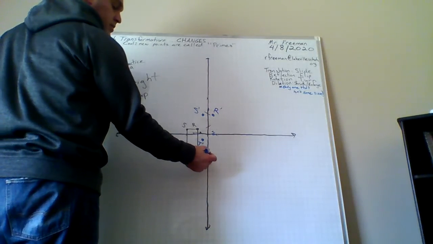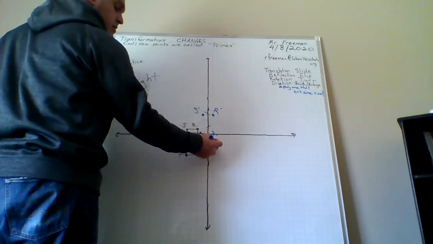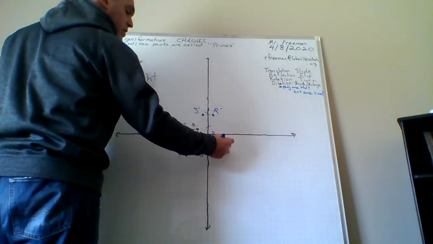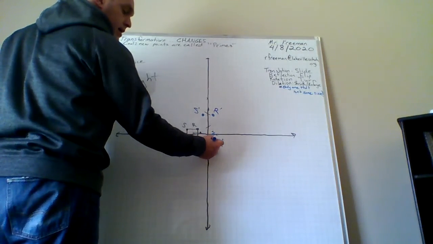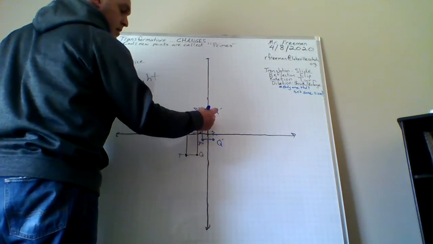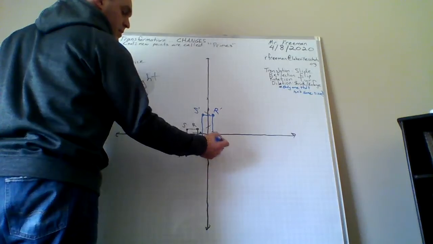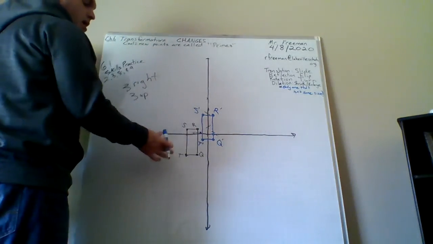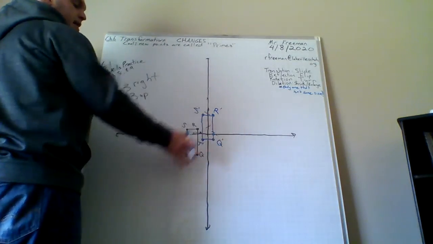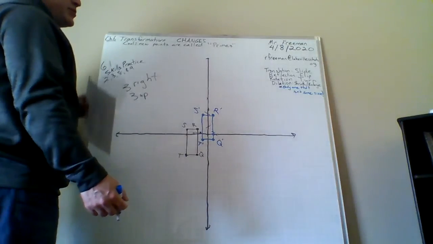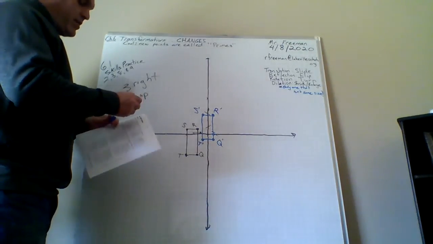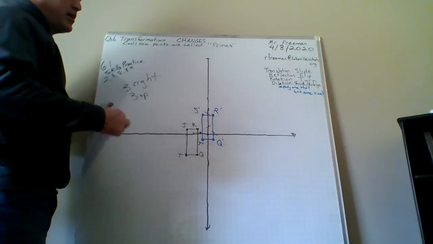And then 1, 2, 3, 1, 2, 3, this is now where my Q prime is. And when I connect these, I get a new shape where all I did was literally just slide it over and still have the same shape. I'm fully confident that with that little bit of help, you guys can do 6-1.